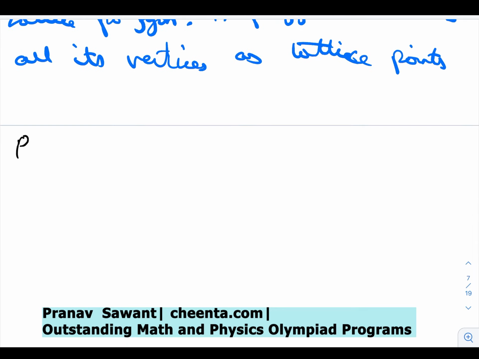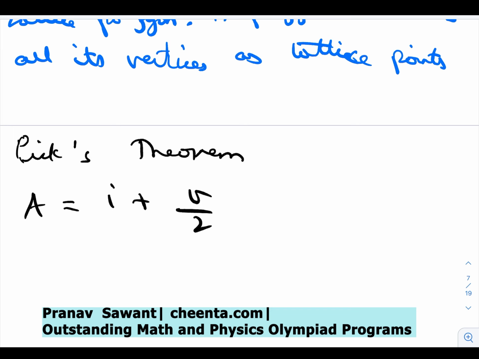Pick's theorem is basically a formula for the area of a lattice polygon. This formula states that the area A of a lattice polygon is I plus B by 2 minus 1. Now, this formula is valid considering that there are no holes in the figure.